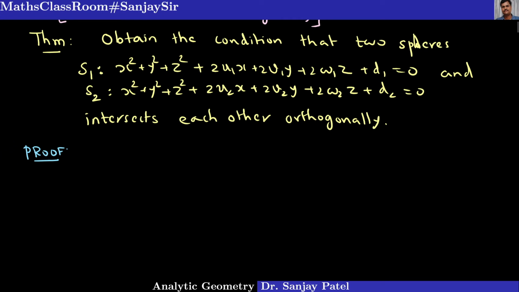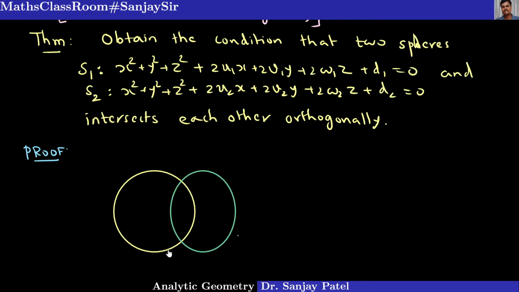Remember, if we have two spheres intersecting each other orthogonally, then you will get one interesting thing. This is one sphere, this is another sphere, they are intersecting spheres. This is the center of the first sphere, S1, and this is the center of the second sphere, S2, say C2.